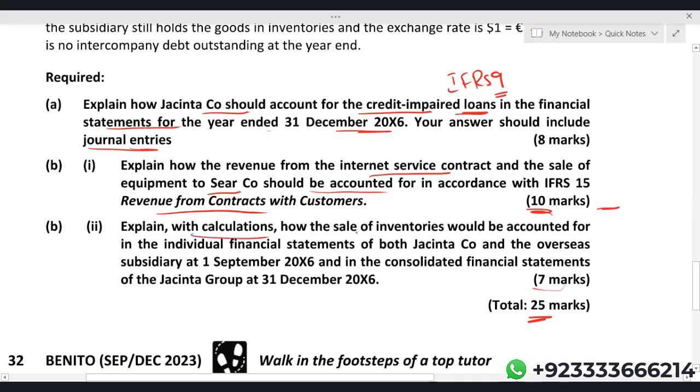Explain with calculation how the sale of inventories would be accounted for in the individual financial statements of both Jacinta Company and overseas subsidiary at 1st September X6, and in the consolidated statement of Jacinta Group on December X6. So individual company of parent and subsidiary, how you will account for, and in group accounts, how will you account for? So I think it looks like an easy question.